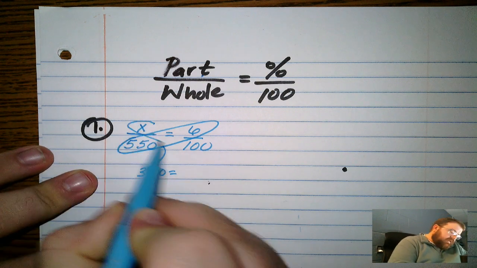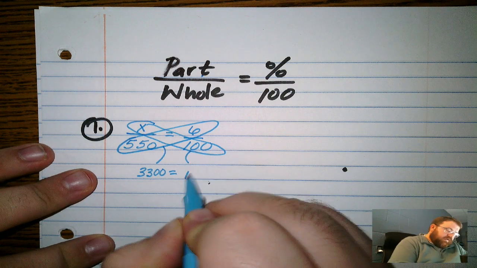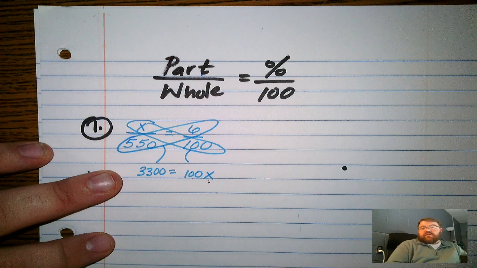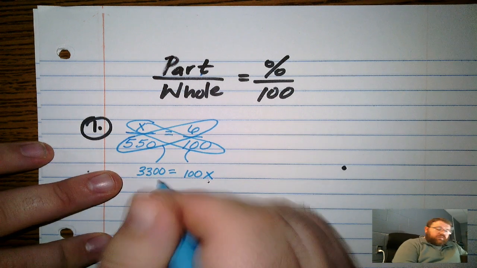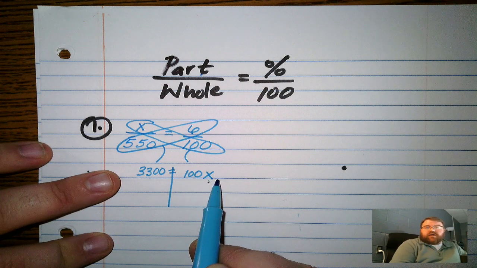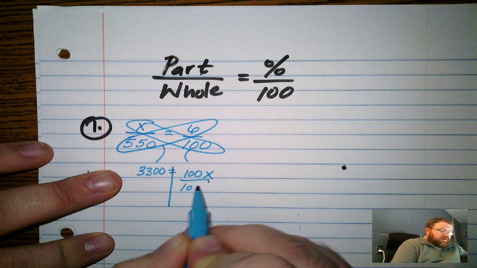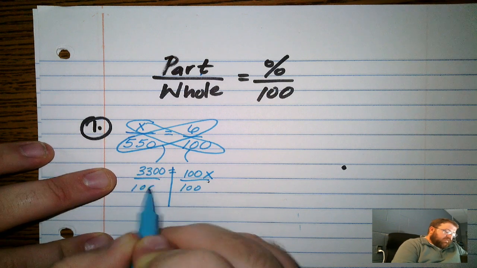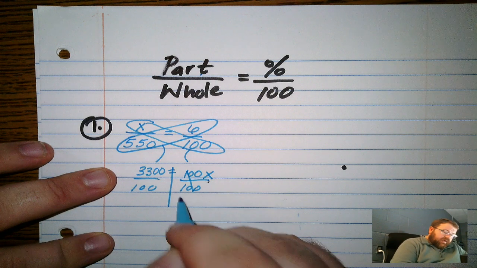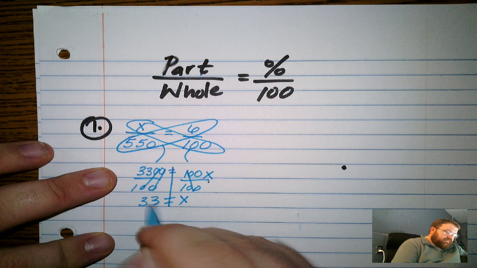And we did x times 100, and x times 100 is 100x. Now at this point it's a one-step equation. Draw your line. The 100 is trying to multiply the x. I know that because it's sitting right next to it. So I divide both sides by 100. The 100s cancel, and x is equal to 33.